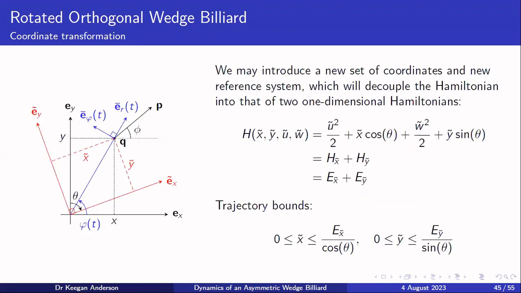But for this special case, we can introduce another set of coordinates, given by the tildes, which is illustrated by the red coordinate axes in the figure on the left. And what you find is if you work in this tilde coordinate system, the Hamiltonian, which describes the motion of the particle, decouples into two one-dimensional Hamiltonians.